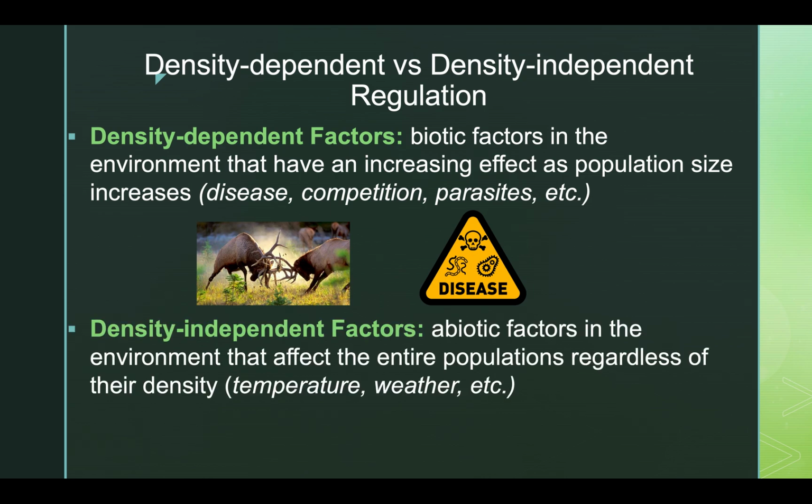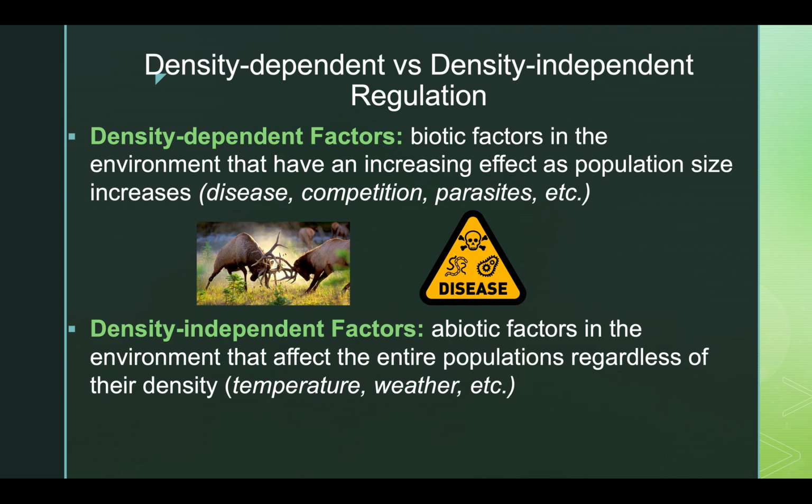These are abiotic, so not biotic, like not related to living organisms, factors that are in the environment that affect the entire population regardless of their density. So this can be temperature, weather, like if you have a storm event or a fire event, that fire event is not dependent on how many individuals you have in that population.